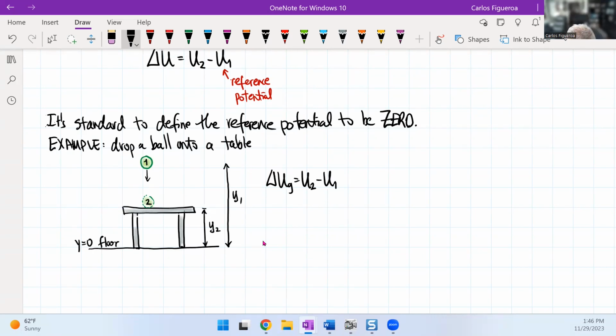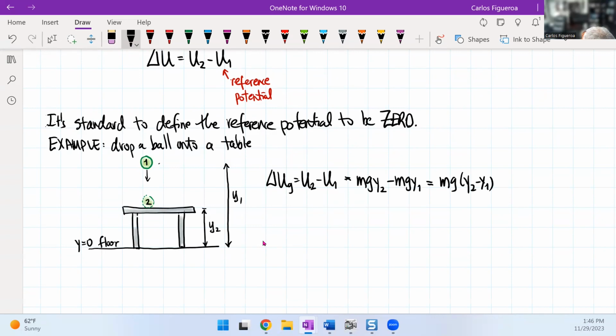According to our definition, this should be mgy2 minus mgy1. So this tells me I'm going to have mg of y2 minus y1.